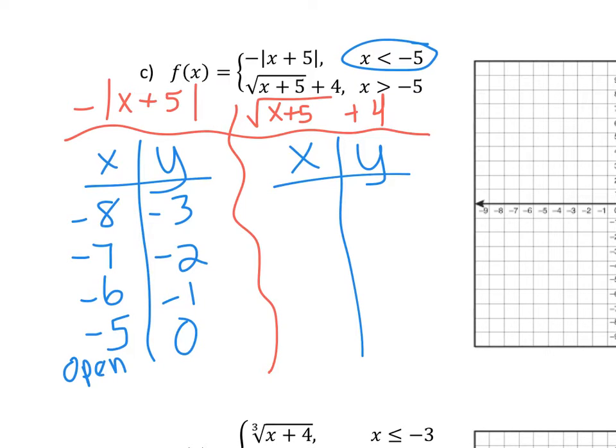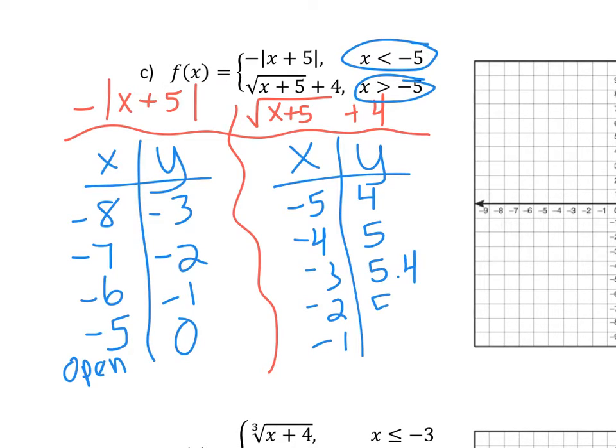On the next function, we want x values greater than -5. So -5, -4, -3, -2, -1, 4, 5, I'm going to round to the nearest tenth here, 5.4, 5.7, and 6.